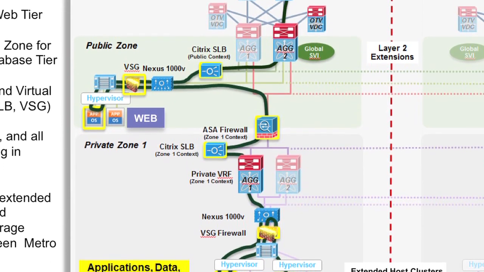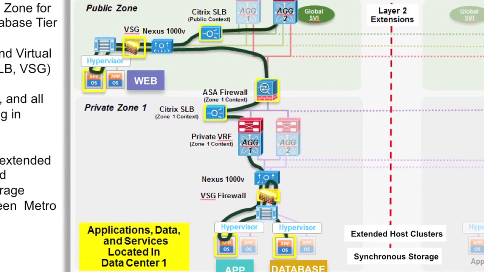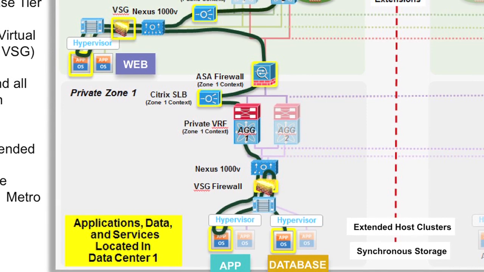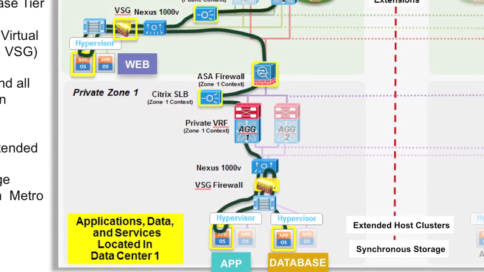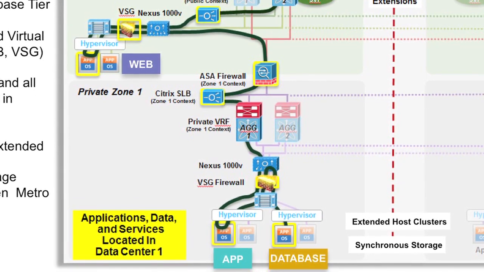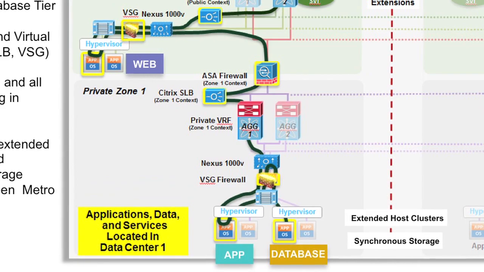It's serviced by a load balancer and a VSG, a virtual firewall, to protect application tenancy. And then to gain access to our app or database tiers, you've got to cross a DMZ into a private zone. The private zone is protected by an ASA firewall cluster and a specific context within that firewall. We also have load balancing services and VSG tenant protection for those tiers.